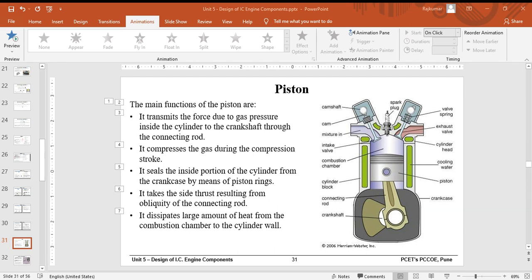Again, in the figure you can see the first one is a flat head, second one is a flat head with a recess, then a cup head, where the cup shape can be seen in the piston head, and a dome shaped head. So these are the four types of head, and the selection is totally based on the capacity of the combustion chamber.